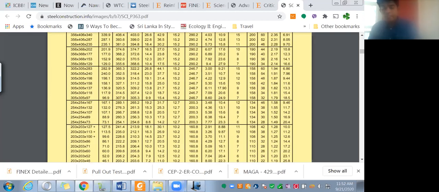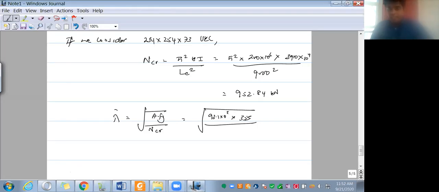So 355 remains the same, and N_cr is 952.84, into 10 to the 2.